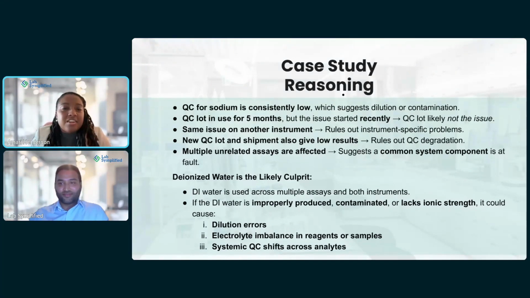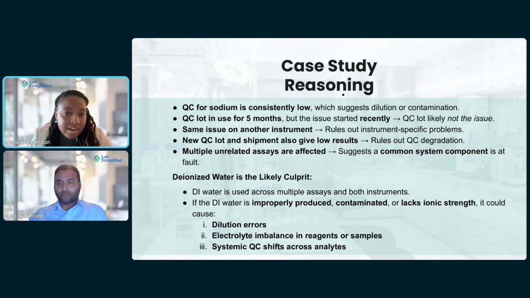Let's break down each step of the troubleshooting process. If your QC lot has been used for 5 months and then the issue just started recently, it's likely not your QC causing the issue, unless you've changed something with your storage or are not using it appropriately and it's compromised. You have the same issue on another instrument.